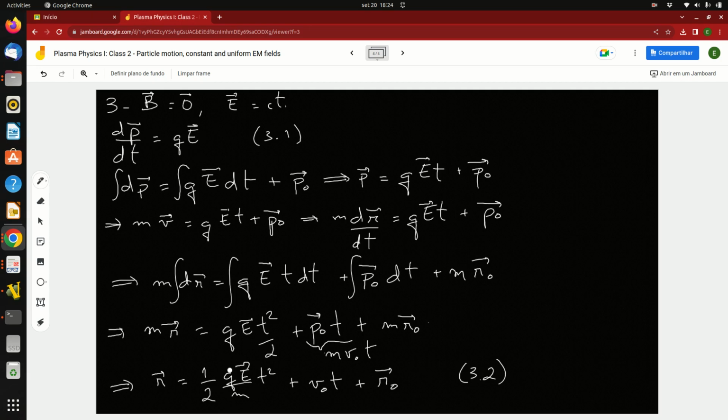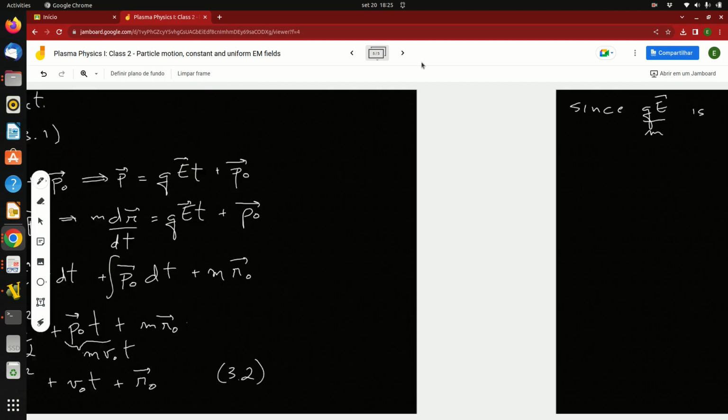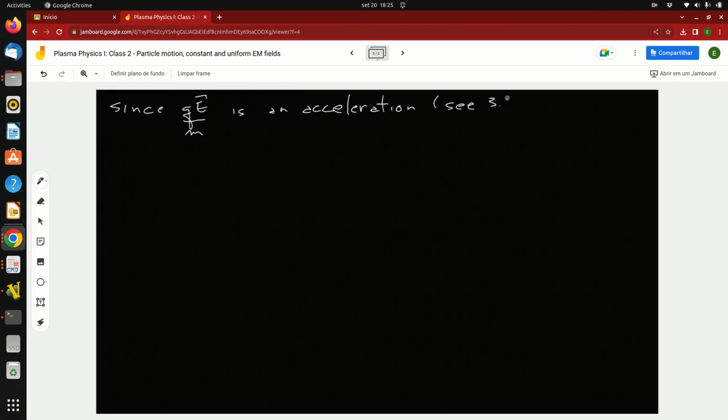So this is actually an acceleration. QE over m is an acceleration. See, what is the equation? 3.1.